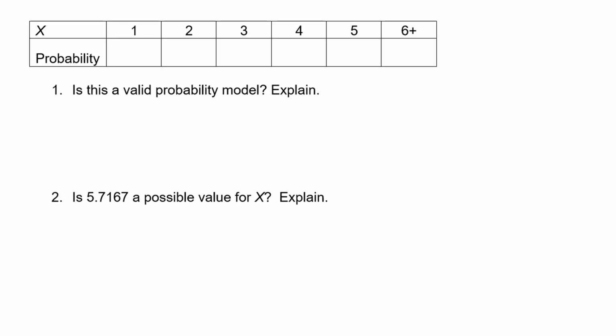All right, so rewriting this, I'm going to leave them just as fractions for right now, but obviously we can change them to decimals if you wanted to. 1 out of 24. A little bit of review from last chapter. The reason that you know this is a valid probability model is 2 different reasons.